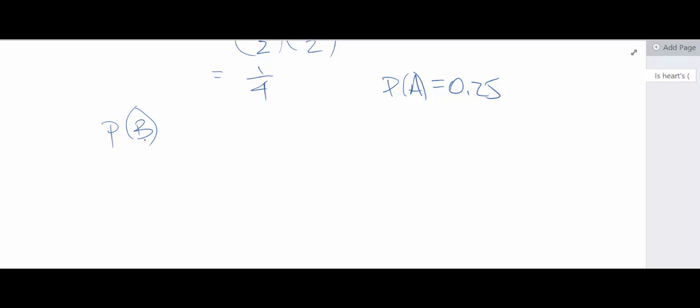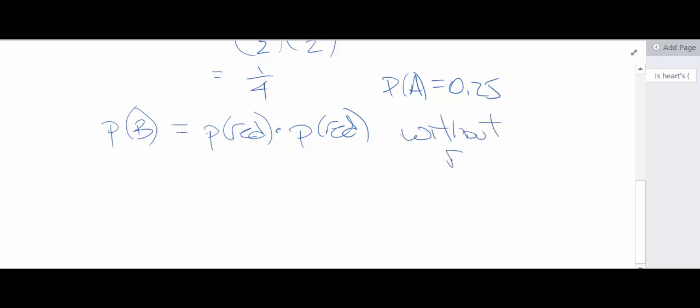So in this case, what we're doing is we're going to determine the probability of drawing a red card from the deck, and then so times the probability of drawing another red card from the deck. But this is without replacement, which means you don't put the first card back.